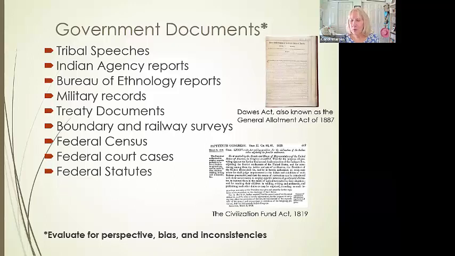There were many harmful laws that affected Indigenous cultures, and I've already mentioned two of them. But I also want to talk about the Dawes Act, also known as the General Allotment Act of 1887. This act allowed for reservation land, which was held in common by members of a tribe, to be broken up into small allotments to be parceled out to individual tribal members.